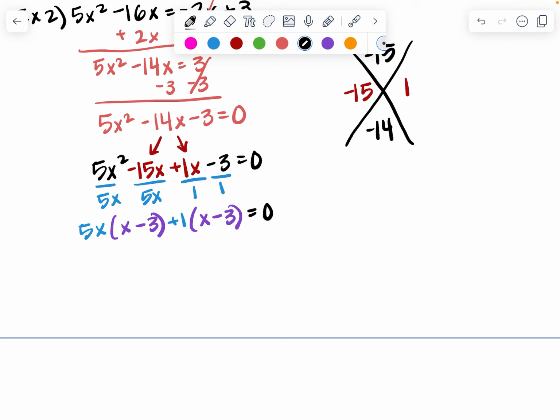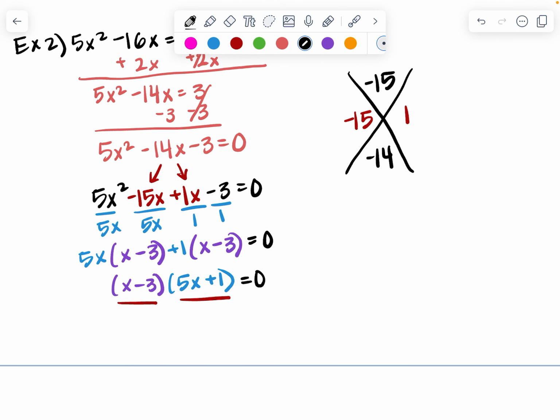So go back to factoring quadratic trinomials if you need help with that. So my fully factored quadratic is going to be x minus 3 times 5x plus 1. Remember, this equals 0. So either one of these two factors are going to equal 0.